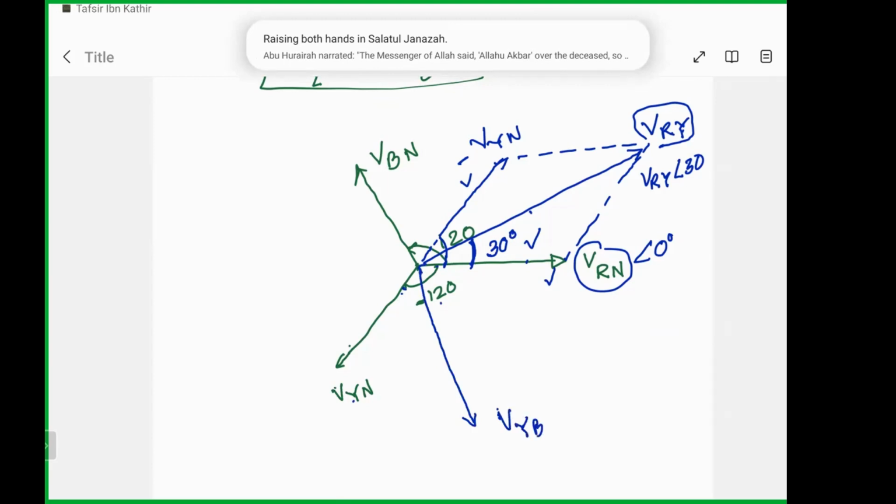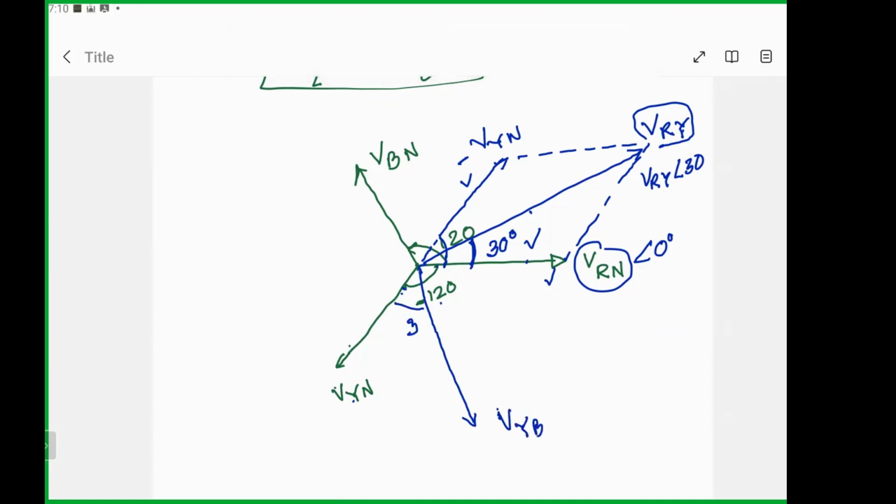This is VYB, and this is the 30 degrees. And then the third one, you'll find between the B and R. So this is VBR. So this will be negative. Then you will find this one, and this will be 30 degrees.